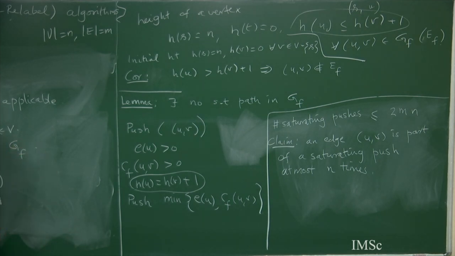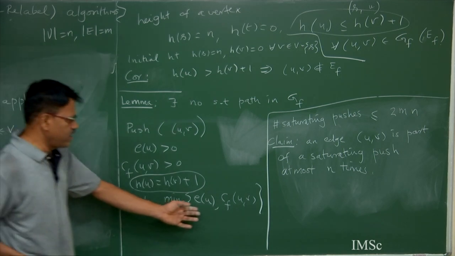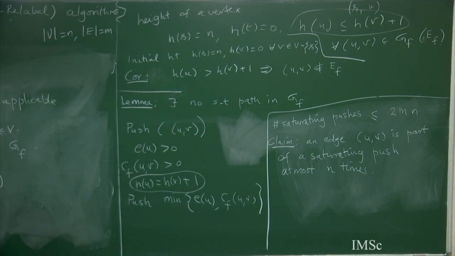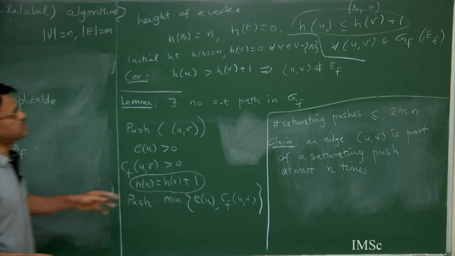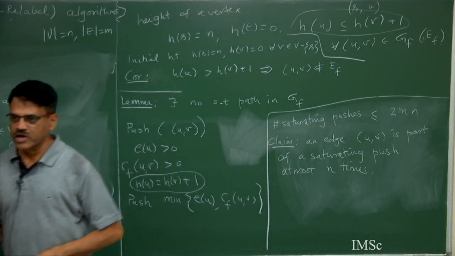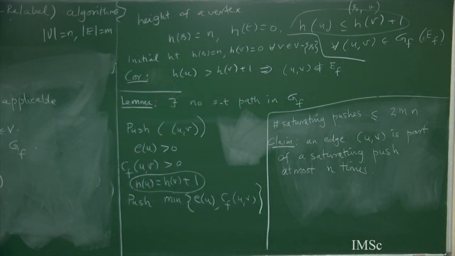That it is a preflow is clear, because we always send by residual capacity, so we never exceed the capacity. But the height function criterion needs some check. Okay, but it can be verified.